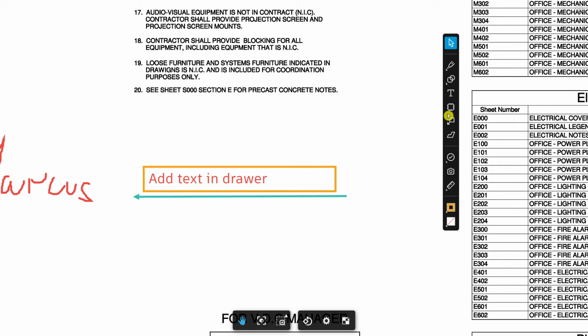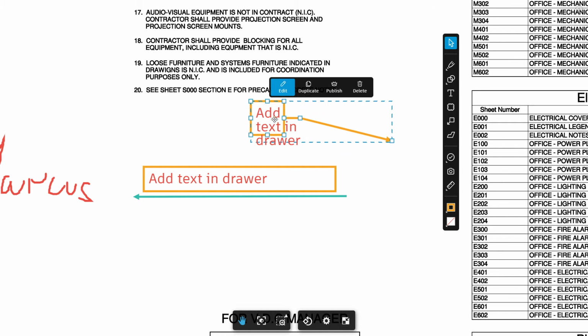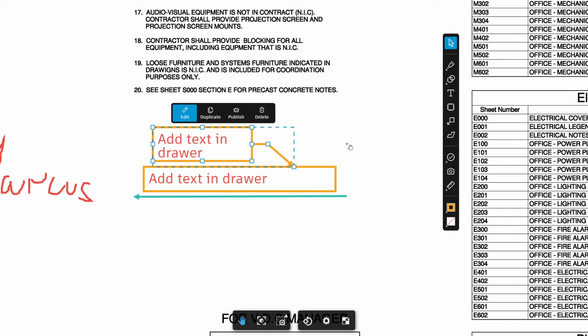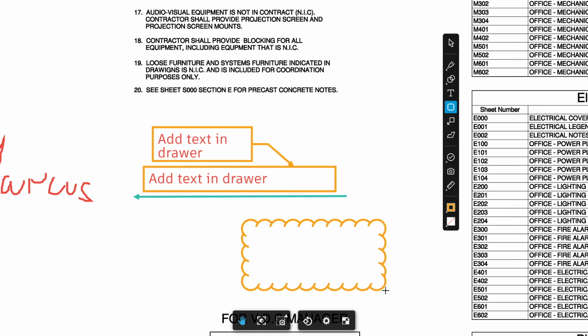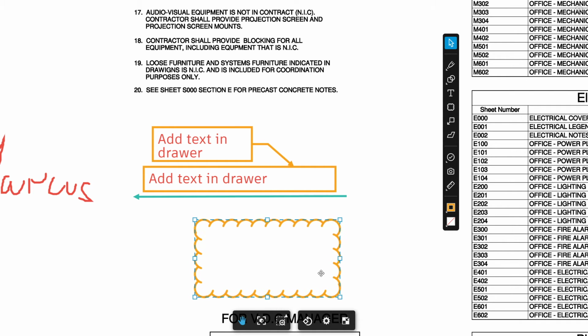When we go even further, you're gonna have text in a drawer. And you can again play around with it as much as you want. Then we have the cloud here. Again, really simple how you can use it.